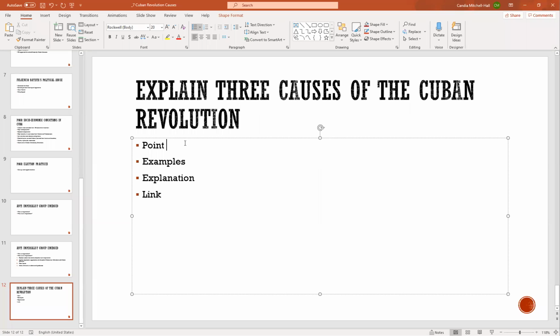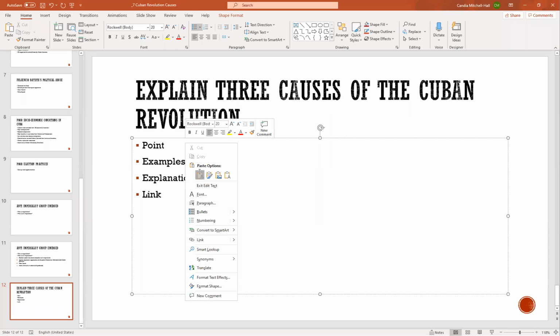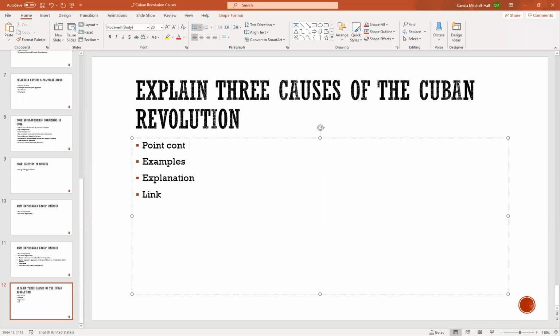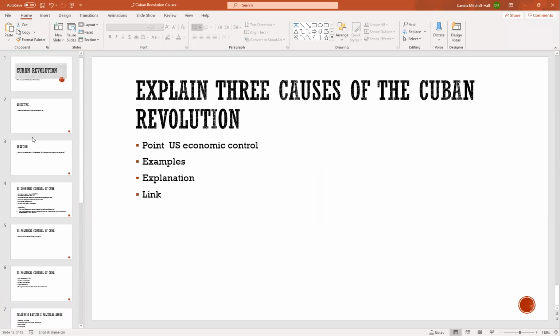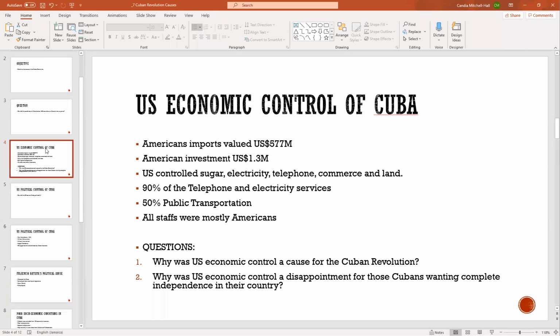One cause of the Cuban Revolution is U.S. economic control. So let us go here. One of the causes of the Cuban Revolution is the U.S. economic control of Cuba.